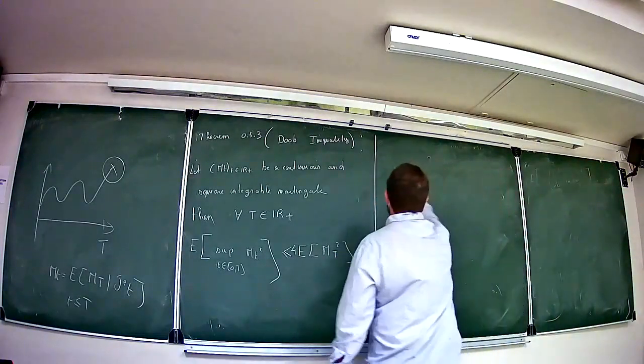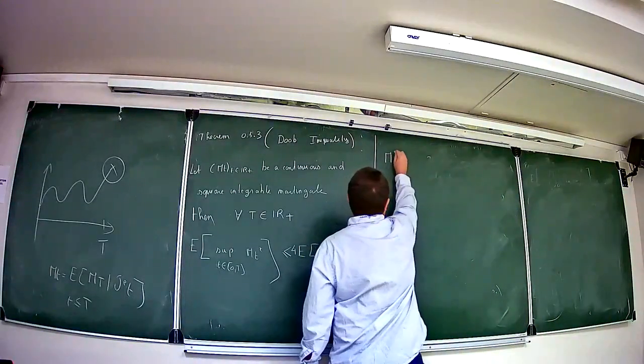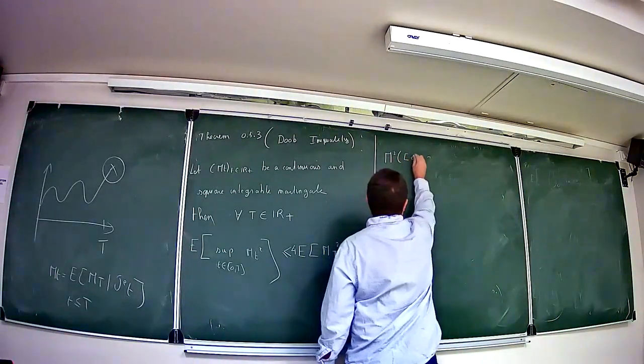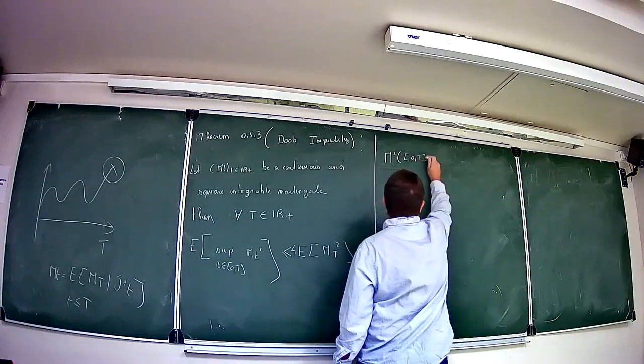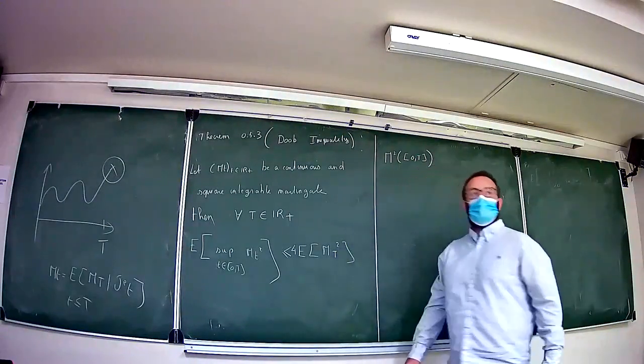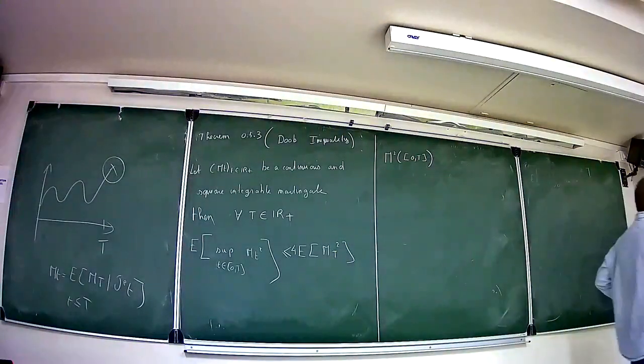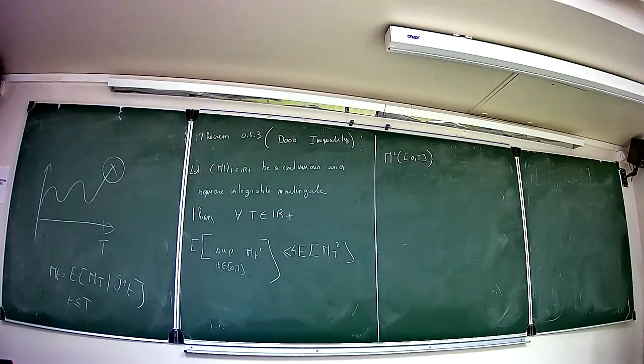So I denote M2 of 0 capital T. It's a notation that we will use a lot, from chapter 2 in fact. So it's just the set of the continuous martingales on 0 capital T that are square integrable.